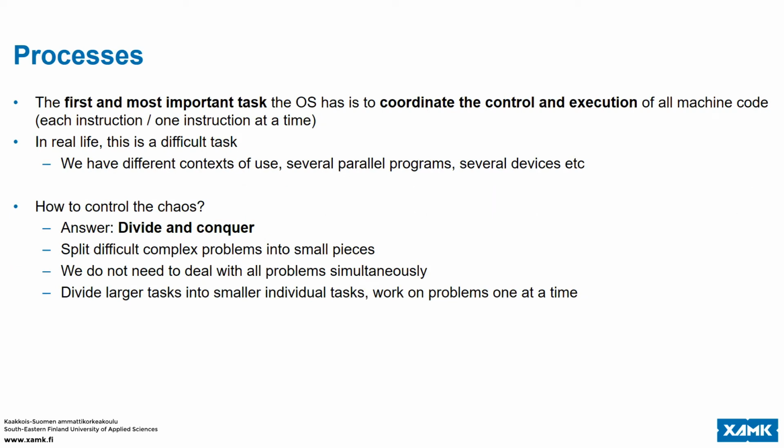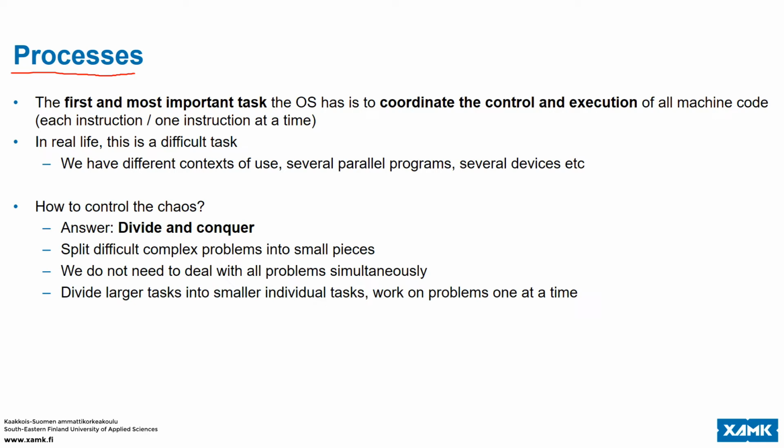With all of this complexity in mind, how does an operating system actually achieve any of these? Well, the first concept we have to look at is called processes, or a process. So basically the first and most important task of an operating system is to coordinate the control and execution of all other programs, specifically the machine code, each instruction of every single program that is in the memory.